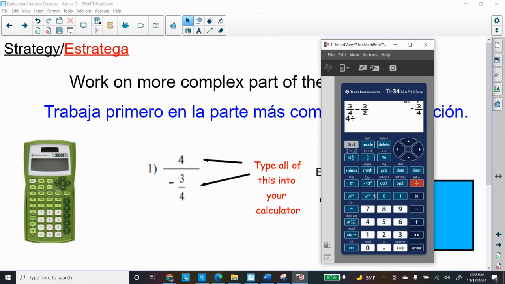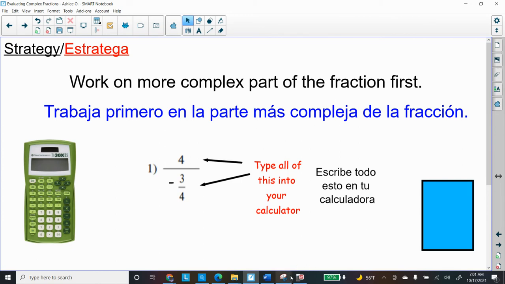Now, I'm going to type my fraction. So it's negative, and fraction button, 3, go down, 4ths, and move over. So there's what I'm dividing. So 4 divided by negative 3/4. And all I do is press enter. And there's my answer, negative 5 1/3.